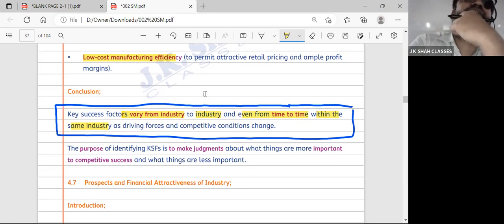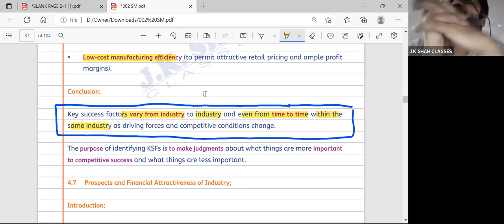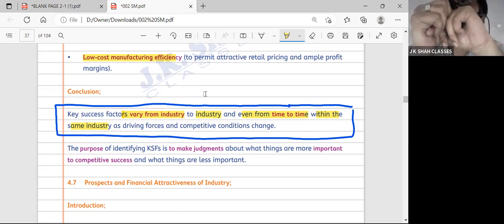The time will change. Good. KSF is not a predetermined factor. It is not fixed. It can be changed due to triggers of the environment, competition, or changes around the environment. So the key success factor of an industry can change depending on those things.